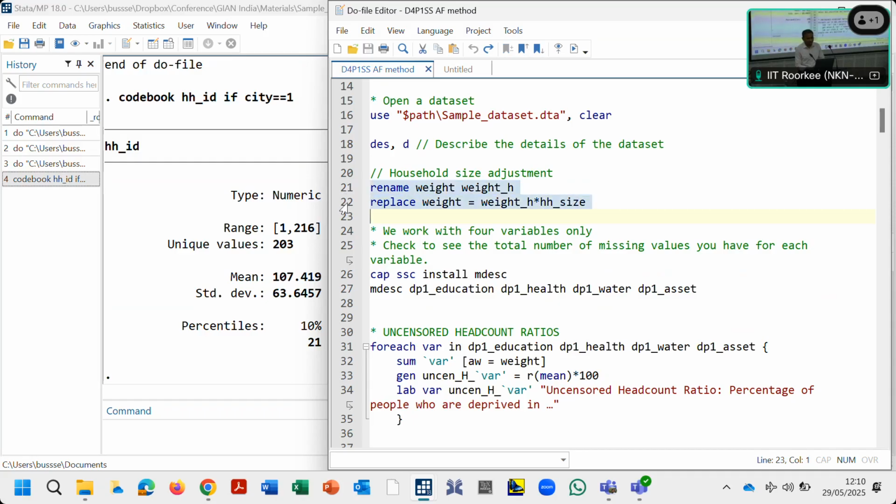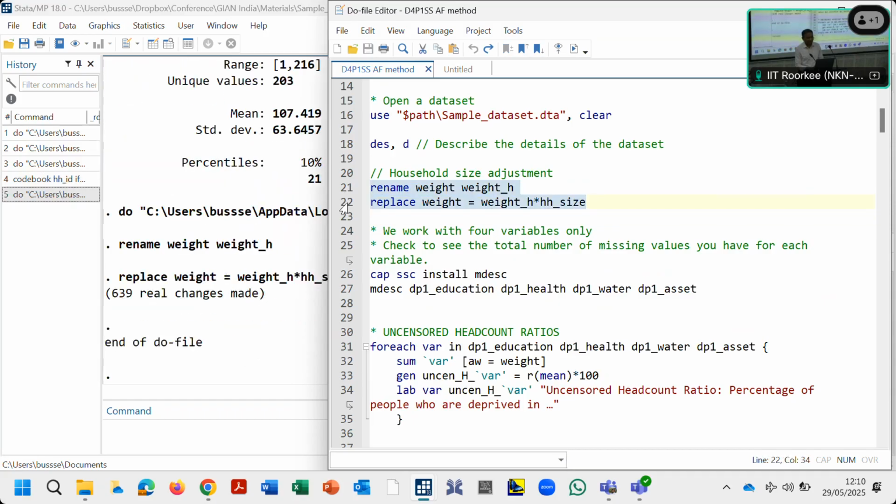So let's select these two lines and press Ctrl D. So the new weight variable is created. Now, I am not showing you how to construct indicators because that itself will take 2 hours of time. It's not good value. I'm assuming you know how to construct variables. Pratap has already taught you. Whether somebody is deprived or not, I know you can write the logical sequences.